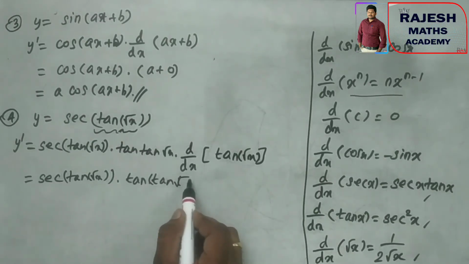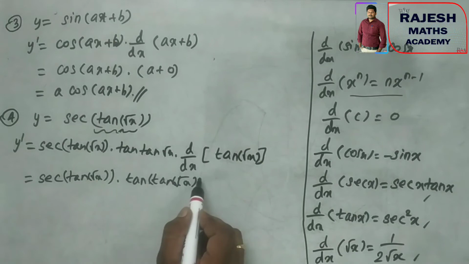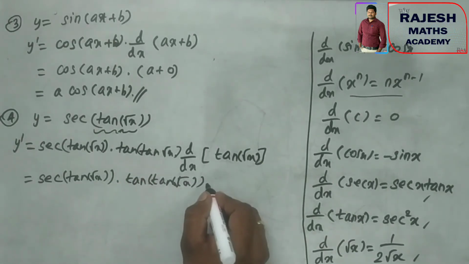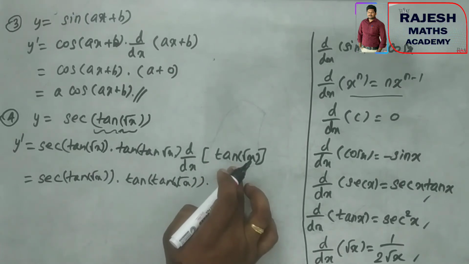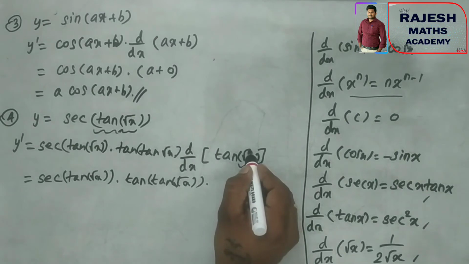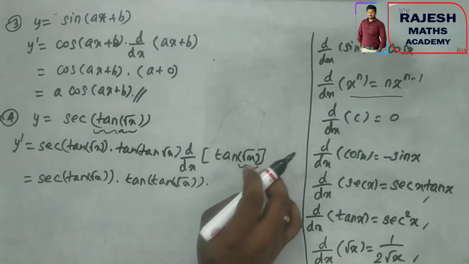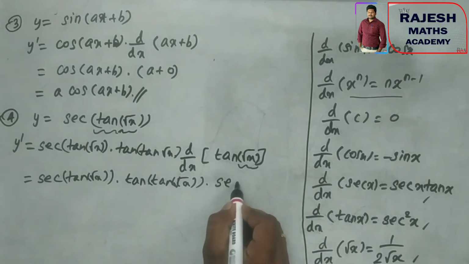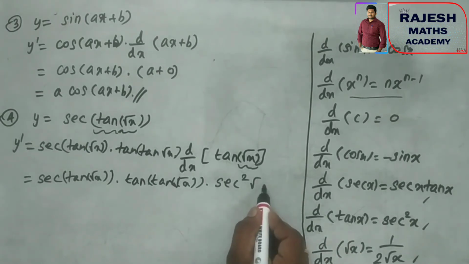Into d by dx of tan root x. Whatever may be in the place of x, we consider as x alone. Differentiation of tan x equals secant square x. So we will get secant square root x.